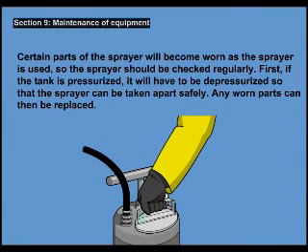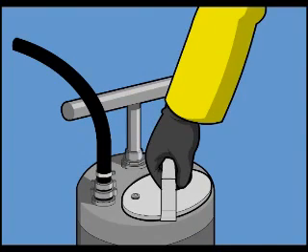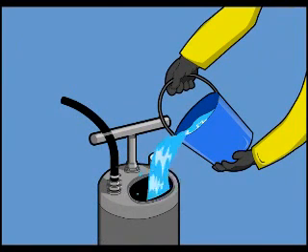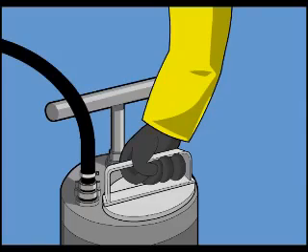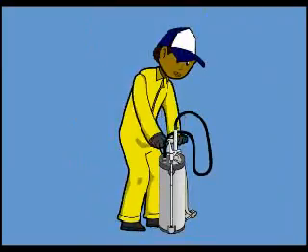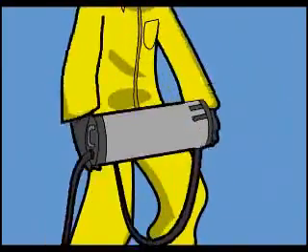Any worn parts can then be replaced. When the sprayer has been depressurized, the tank can be cleaned by filling it half full with water. Replace the lid. Pressurize the tank slightly and then shake it to ensure all the inside surfaces are washed.